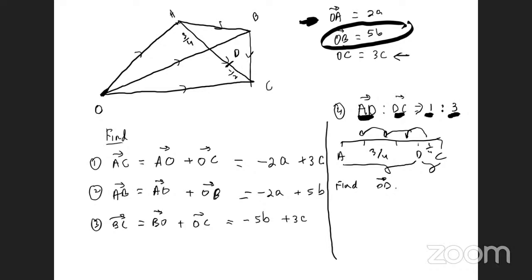So how do we know where to put it? Well, 1 to 3 means that everything is split up into quarters. So I split the line up into 4 equal parts, and I put D 3/4 down the road from A. Right? So now we know where D is, and we could use that to find C.